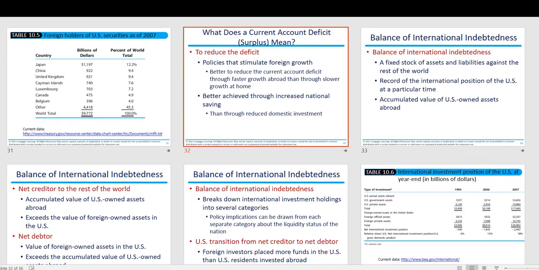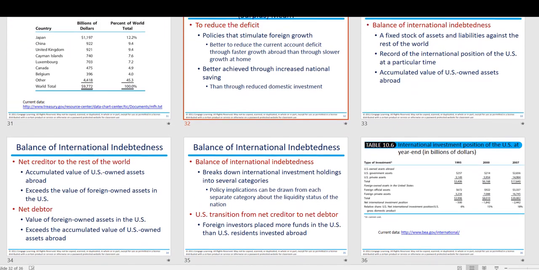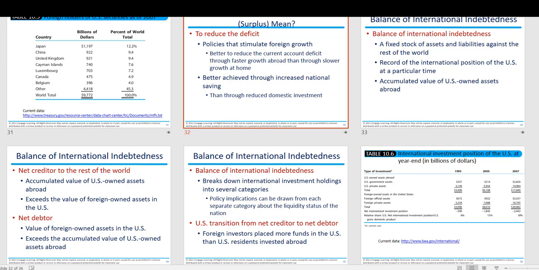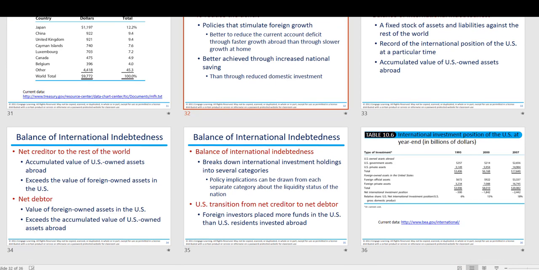Coming back to the issue of foreigners investing much more in the US than we invest on them, it's now the time to look at the balance of the international indebtedness, which is proxied by the international investment position of the United States.